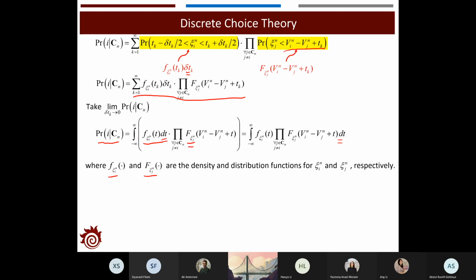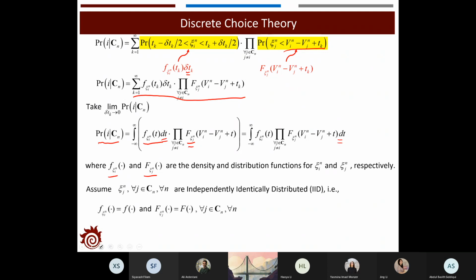And this is a little bit tricky, and we have to make some assumptions for them. First of all, we need to assume that the epsilon j for all the alternatives are independent of each other. Also, we assume that they follow the same distribution.